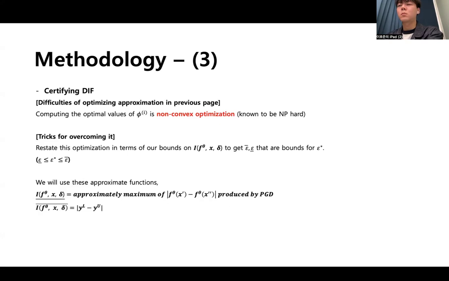However, finding such an optimal pi is a non-convex optimization problem, making it nearly impossible to find the optimal value. To overcome this limitation, the paper proposes solving the non-convex optimization problem by instead finding the lower and upper bounds of the epsilon star value. The approximation value of the prediction discrepancy function for the following local individual sample is used to calculate this bound.